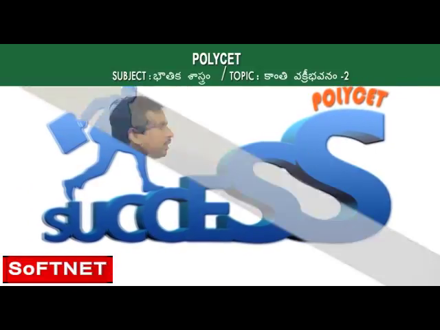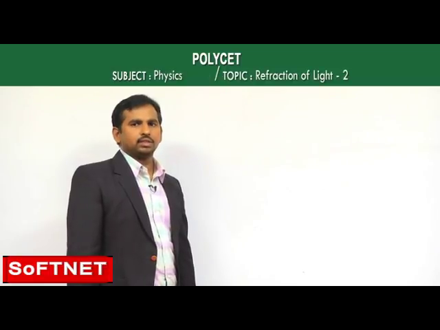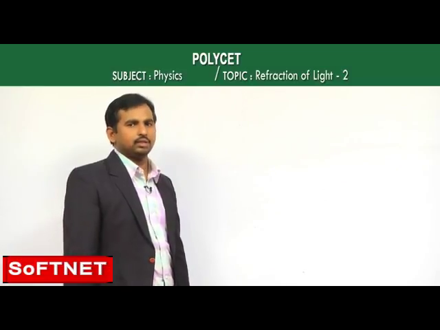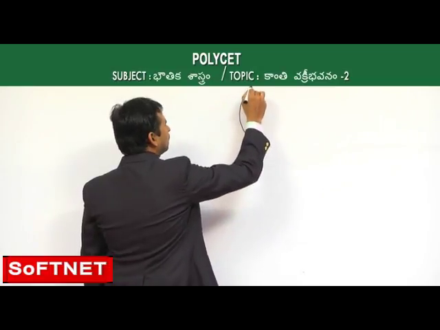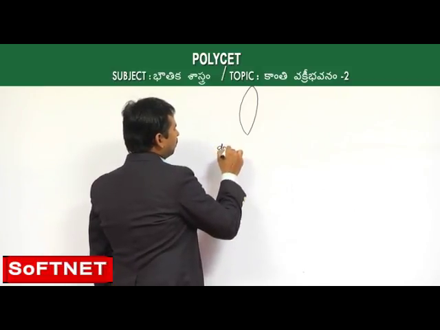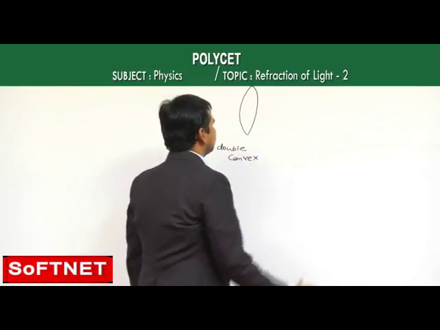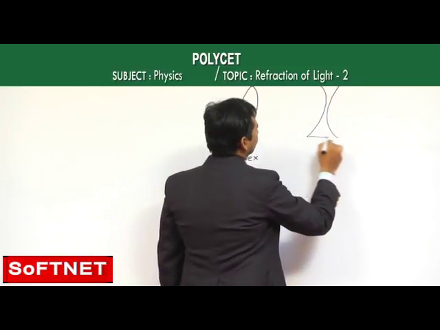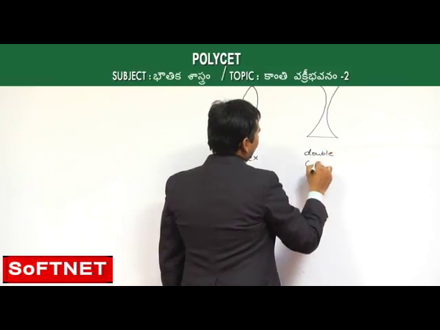Okay. Now for activity purposes, in most cases we are not using simply a convex or concave lens, we are using a double convex or a double concave lens. Which means on both the sides we are taking the same nature of lens like this. This is double convex and this is double concave.